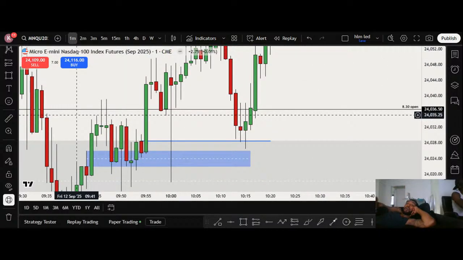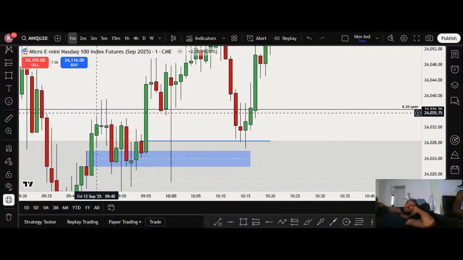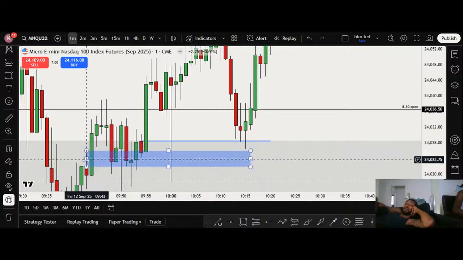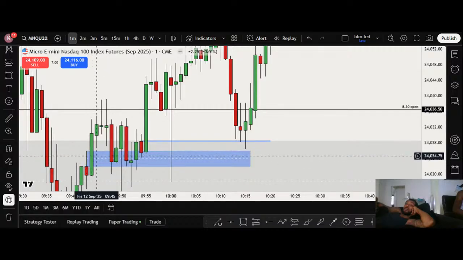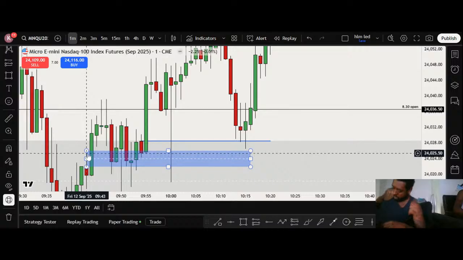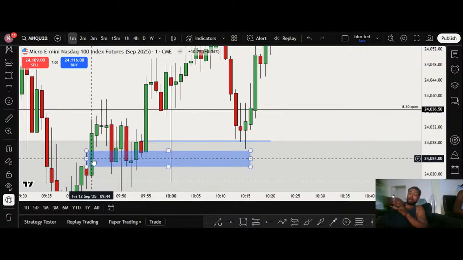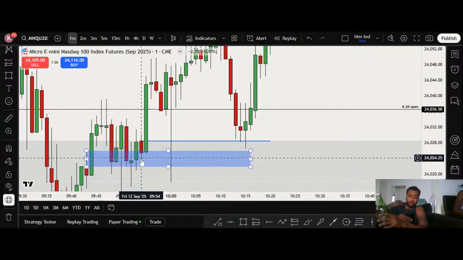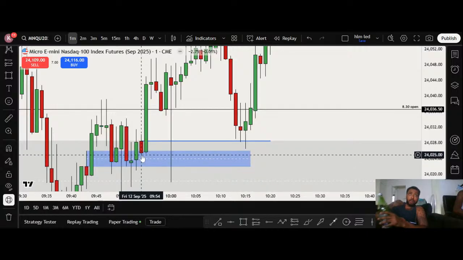All right, so back to the propulsion block, right? You have an order block that traded into an order block, which is this blue rectangle here. Remember how I told you about the most sensitive part of the order block? Well, this order block right here traded into this order block.